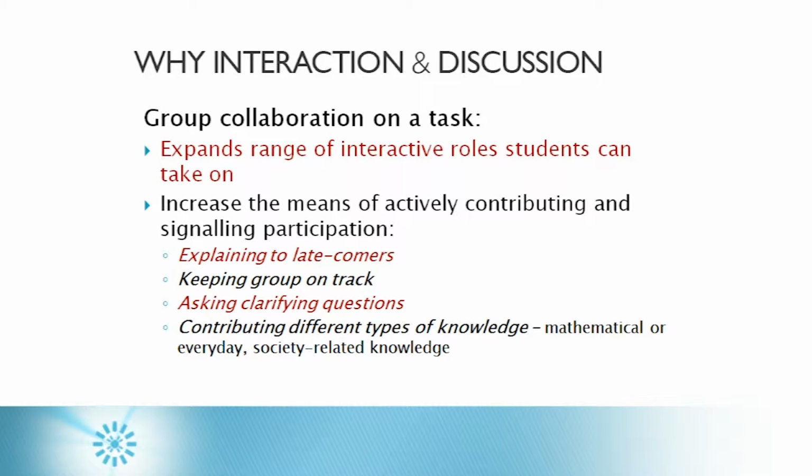What is going on? So as well as contributing knowledge of different kinds, either mathematical or real world knowledge, and some of the things that we did in that problem involved reading the keys to the map, understanding what a map's telling you, using your prior knowledge. There's mathematical knowledge about direction and things like that.